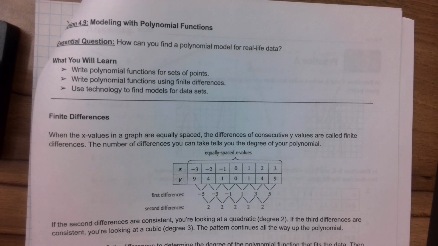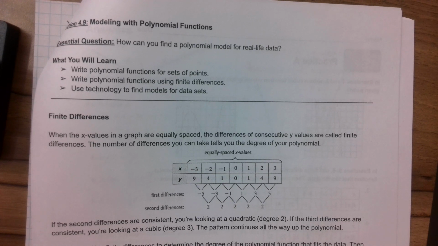And it turns out there are a ton of things that polynomials can be used to model in real life. Today we're going to be focusing specifically on how it relates to finances, like the stock market and things like that, but there are a million different things that polynomials can be used for in real life. We're going to see how we can turn data into polynomials.